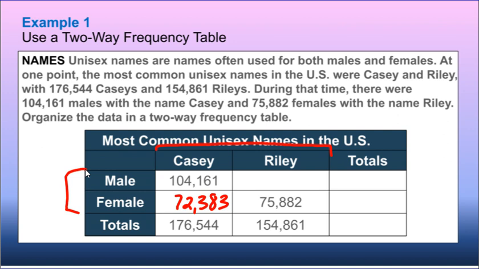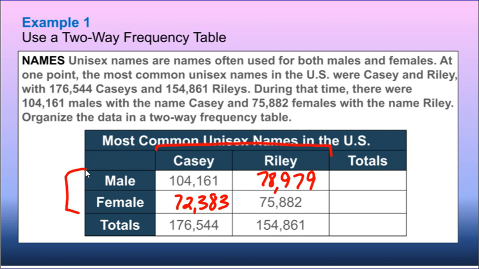Now I can do the same thing for the females named Riley, by taking 154,861 minus 75,882, and we get 78,979.